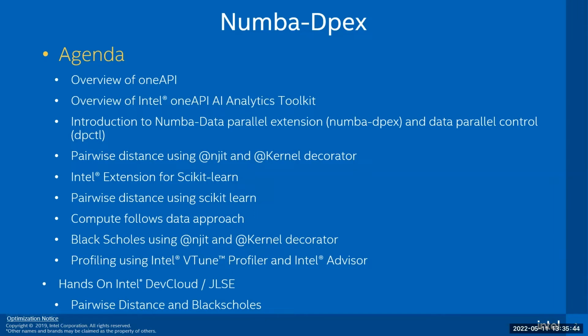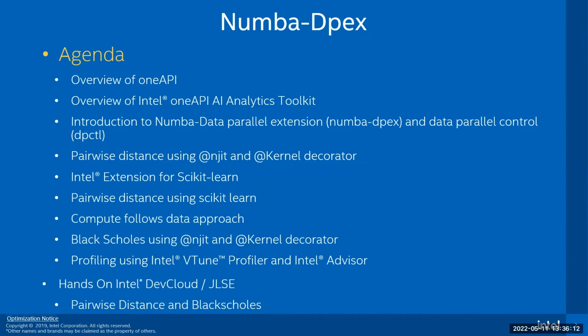The main topics today: we'll be going a little bit into details of the basics of machine learning, and we'll talk about pairwise distance and what type of algorithms this pairwise distance can be implemented in. We'll see multiple ways of implementing the pairwise distance using njit decorators and kernel decorators.